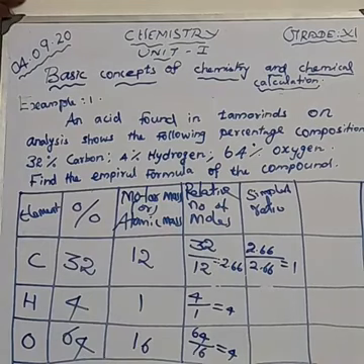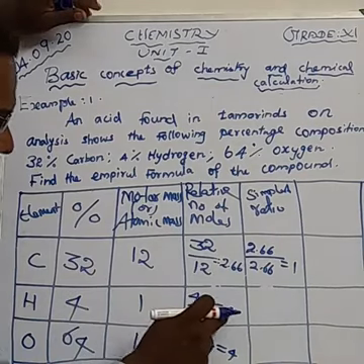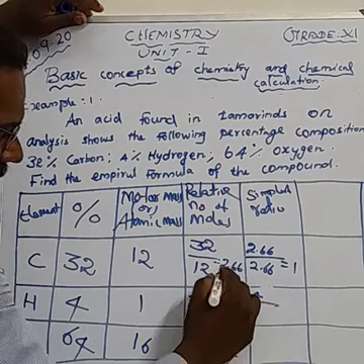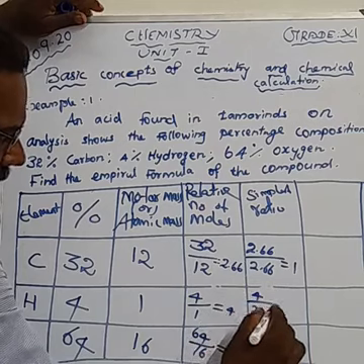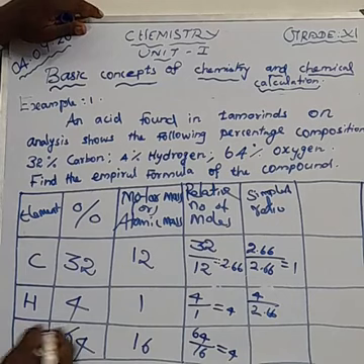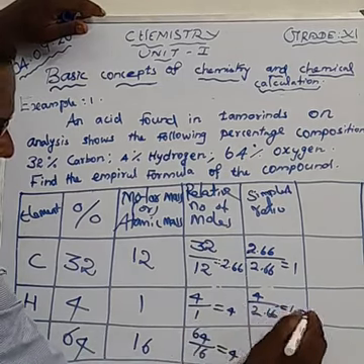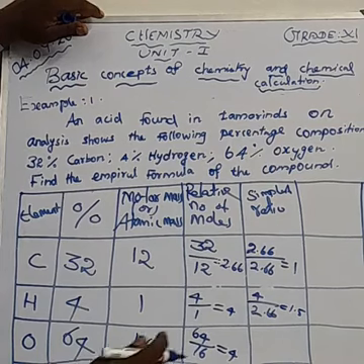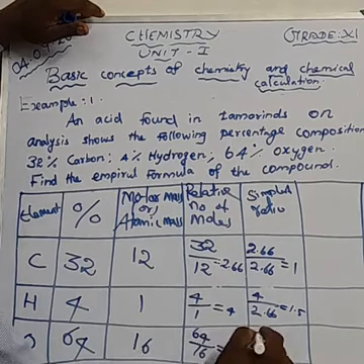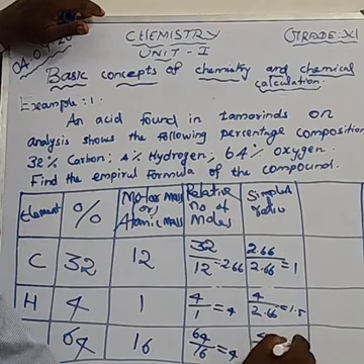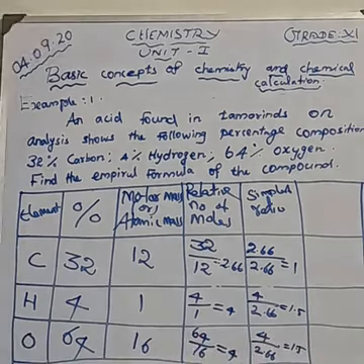Next, 4 divided by the least value, 2.66. Clear? When you divide, we get approximately 1.5. And here also, 4 divided by the least value 2.66 is also 1.5. Now, the simple ratio in whole numbers.